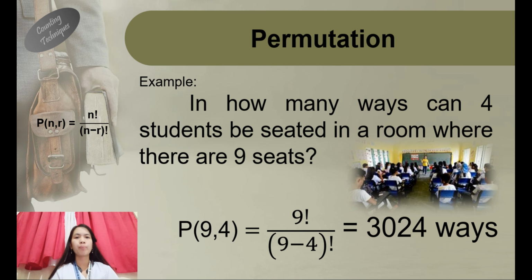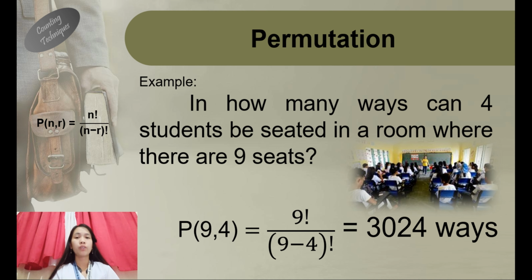Since no repetition occurs, we are going to use the formula. The permutation of 9 and 4 is equal to 9 factorial divided by the quantity 9 minus 4 factorial.